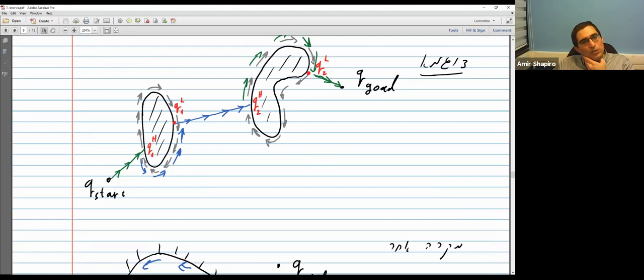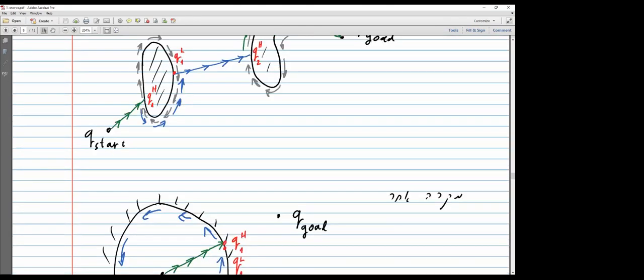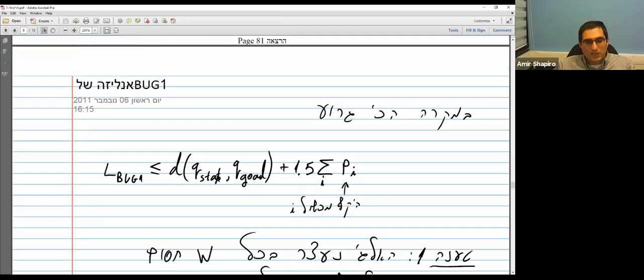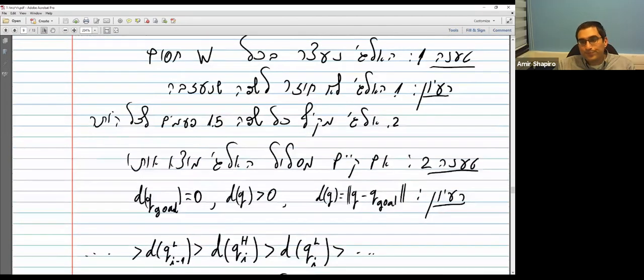So the direct lines are shorter than the full line from start to target, because some of this line is inside the obstacle. Okay. This is the reason it is less.